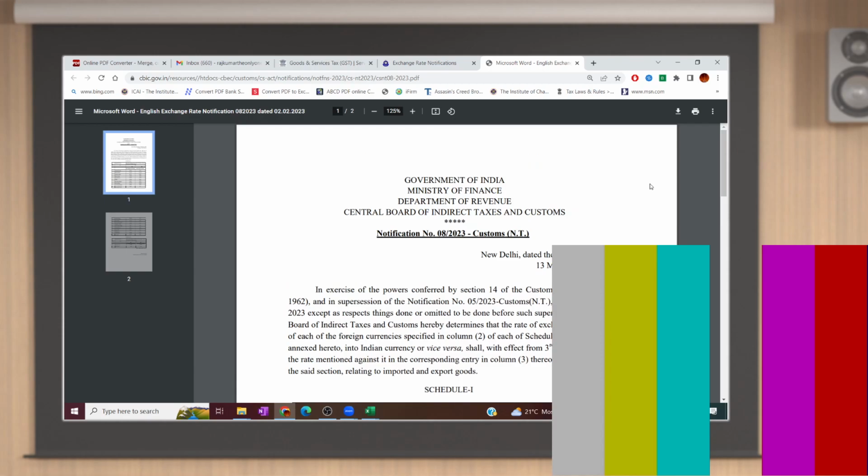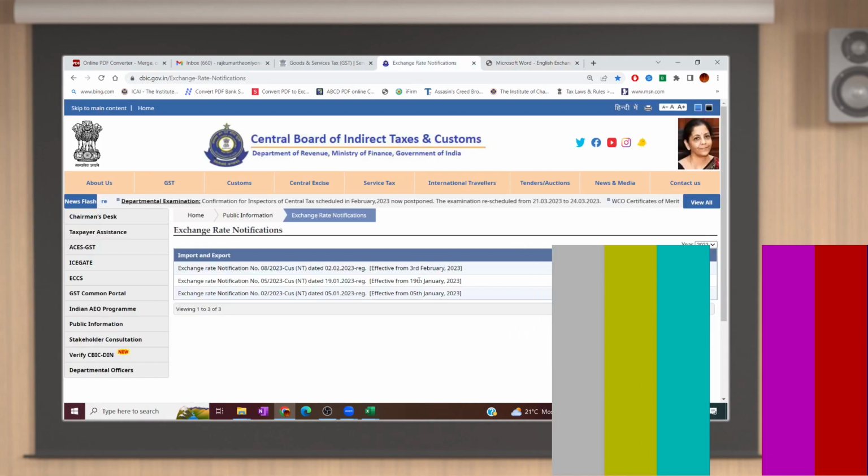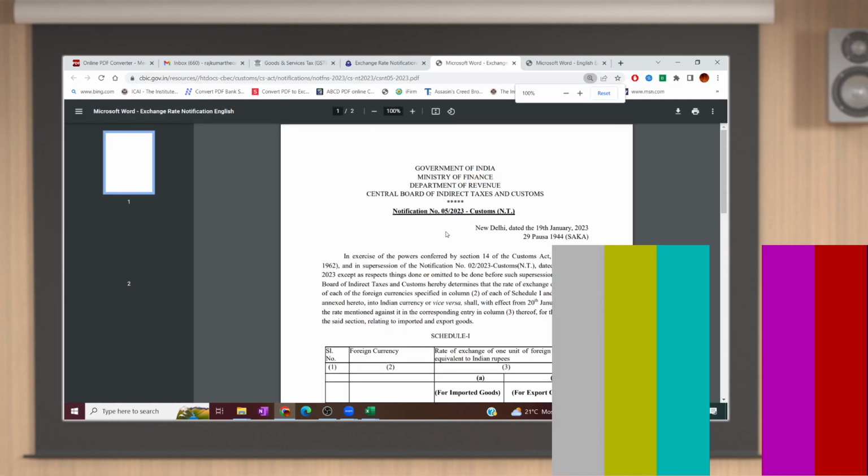Suppose your transaction date is somewhere January 20th or something, then they will give the date from which this notification will be applicable. This will be applicable from 3rd Feb. That means before 3rd Feb, what do we have to apply? There will be another notification, sir. They will be giving notifications from time to time, once in 2 weeks, like that.